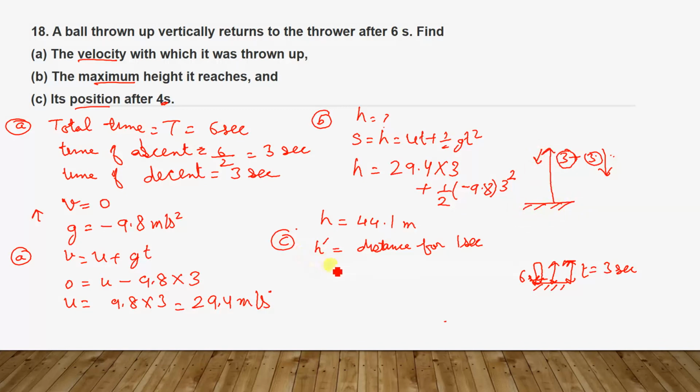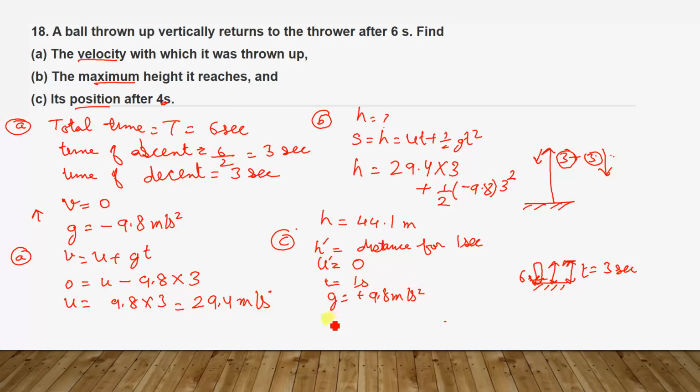ओके. So at the highest point, हम वहां से शुरू कर रहे हैं, तो initial velocity will be taken as 0 and time is taken as 1 second. ठीक है. So just apply, and it is moving downward, so we'll take g to be plus 9.8 meter per second square. ठीक है बेटा.